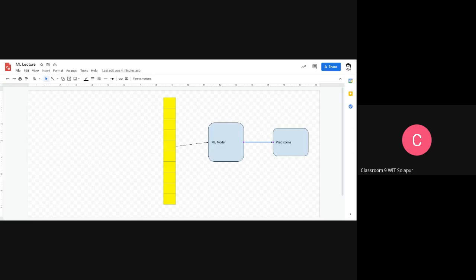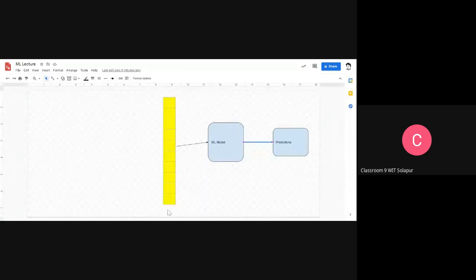So now that you are splitting the data, what you will do is, once you split this data into the train set and the test set, you train on the train set data and get a prediction model.